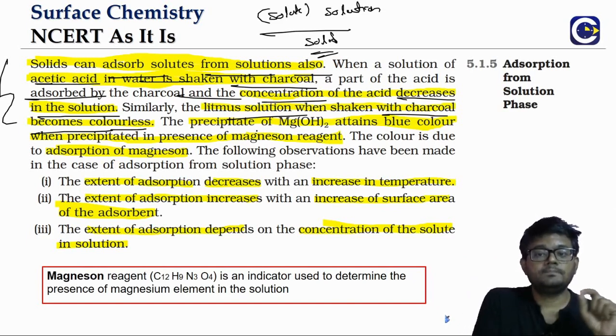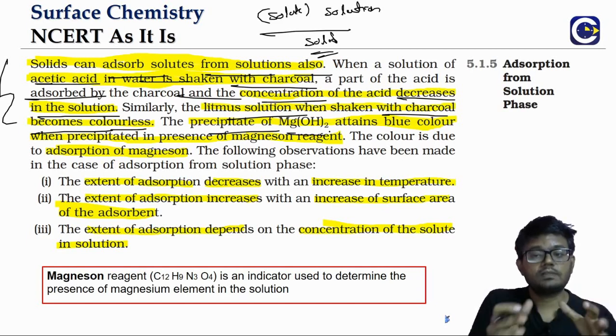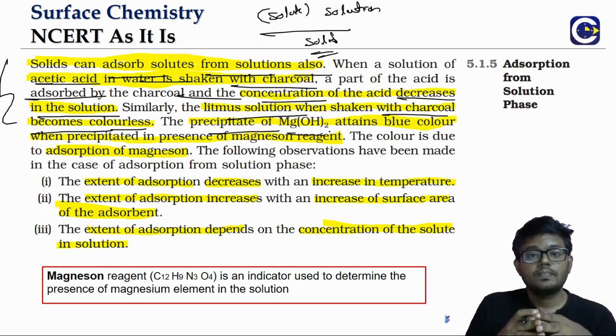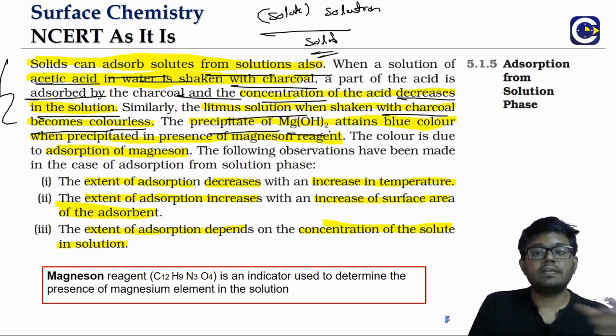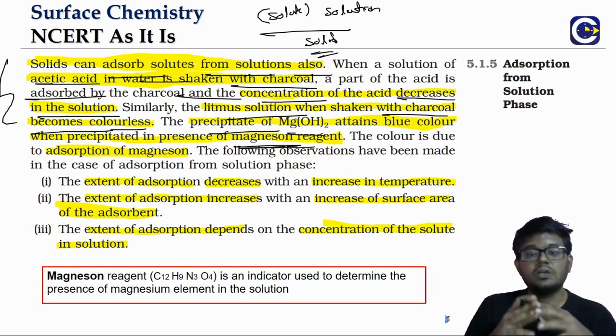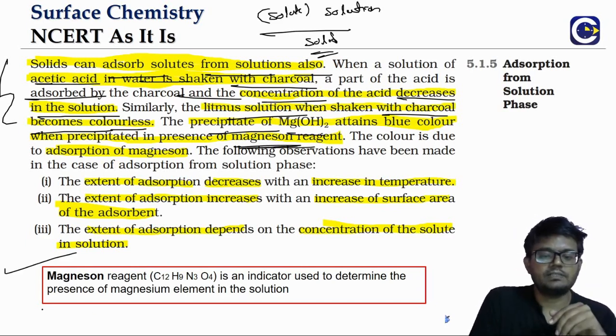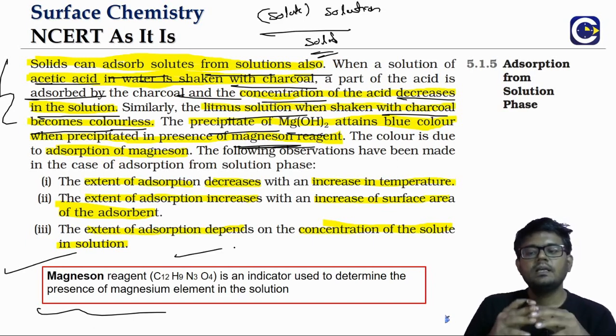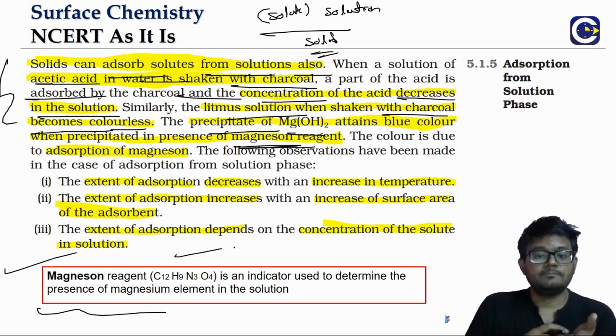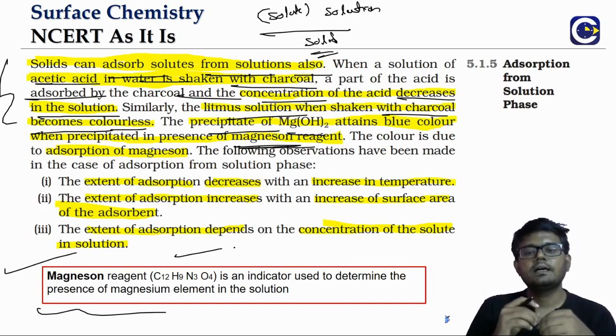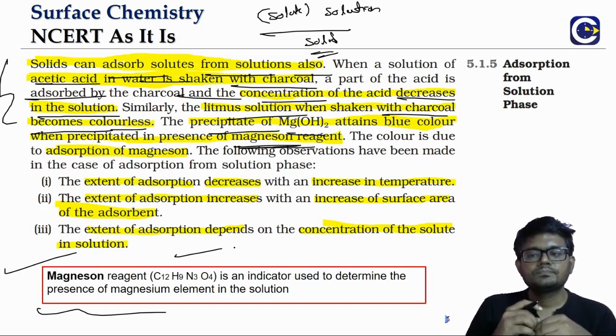Even when you look at the magnesium hydroxide precipitate, when you have it in the presence of Magneson reagent, we can just see what this is. It's a reagent that is used as an indicator, and whenever there is a presence of magnesium, it will be able to give its characteristic color.